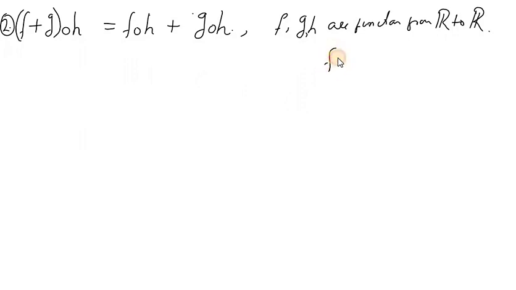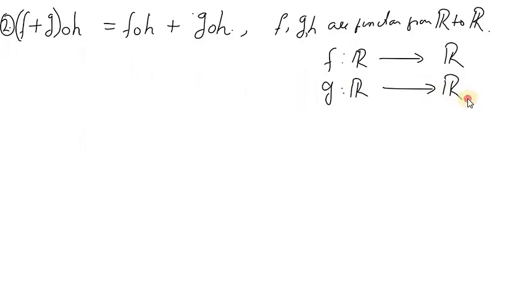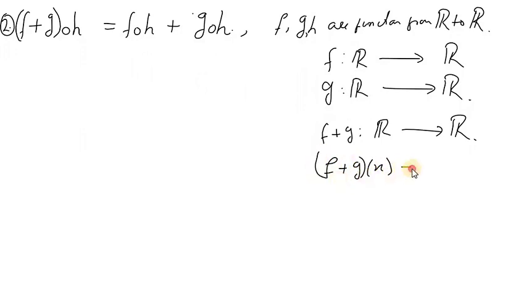If you have a function f from R to R, and g is a function from R to R, then we can define a function f plus g from R to R such that f plus g of x is equal to f of x plus g of x. Okay, this thing we can do.